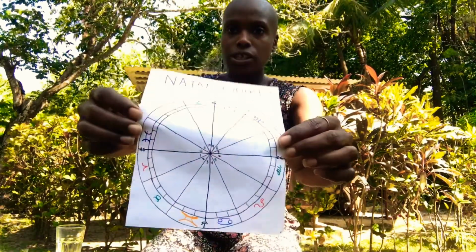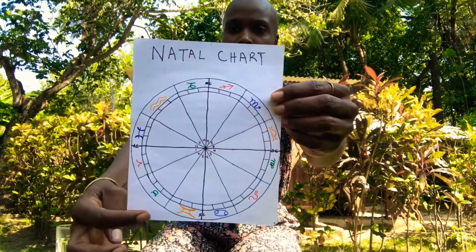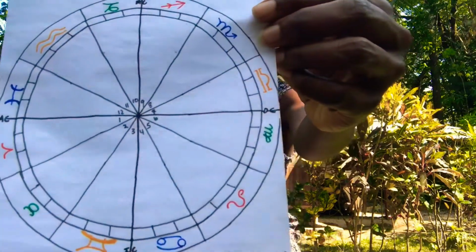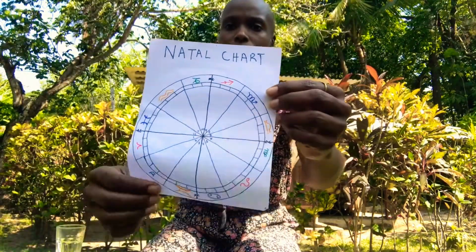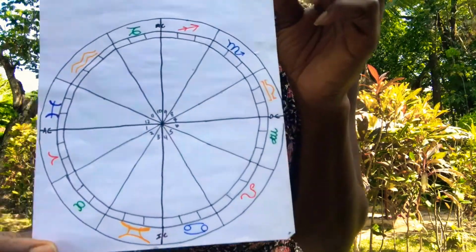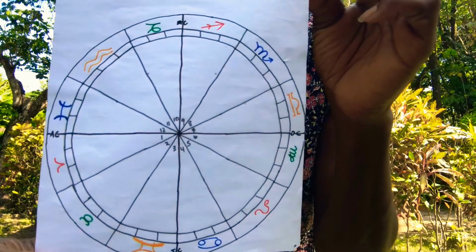Okay, so when you look at the chart in general, a circular chart, it looks like this, right? And it has the signs, which we just went through, on the outer ring, and then on the inside you have the numbers, right? Those are the houses. And this is just a blanket one. But just so you know, Aries corresponds with the first house, and Pisces corresponds with the 12th house.